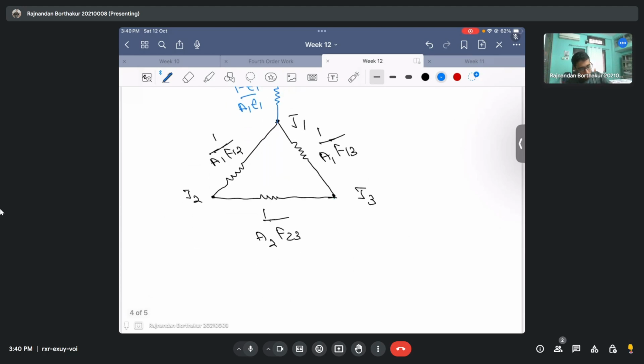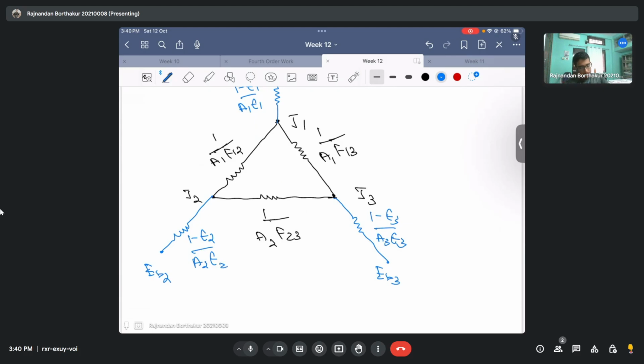So for the third surface, I can have a surface resistance like this, which is 1 minus epsilon 3 by A3 epsilon 3, and I can extend the analogy for the second surface. Of course this is EB3, this is EB2, and this is 1 minus epsilon 2 by A2 epsilon 2.